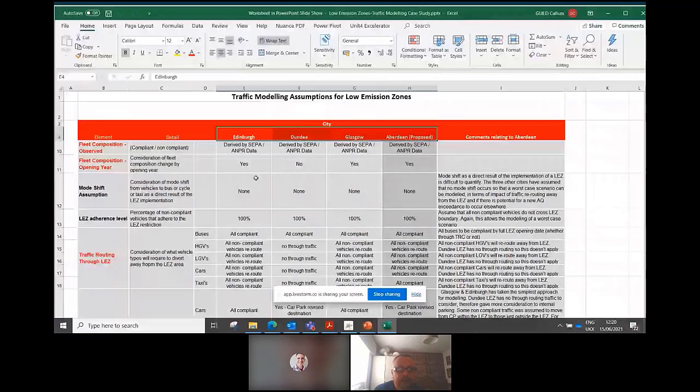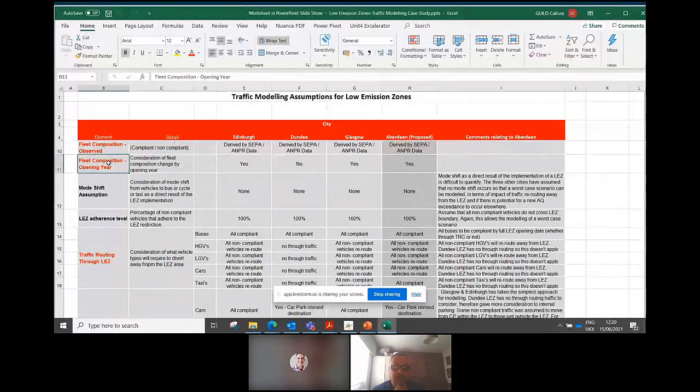The fleet composition in terms of what's compliant and non-compliant has to be applied within your traffic model. For Aberdeen, that was derived by SEPA with the ANPR data and background data, and I'll come on to a slide about that in a minute. We also took account of what the fleet compliance was in our opening year. So we have a fleet compliance level in 2019.